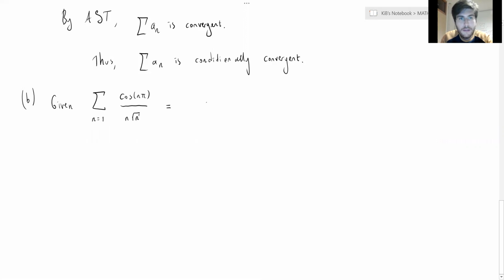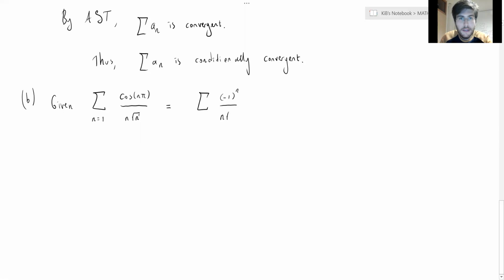By using the same reasoning, we can write everything in this form, right? Because of the properties, cosine of n pi depends on n and is either 1 or -1. And so we are done.